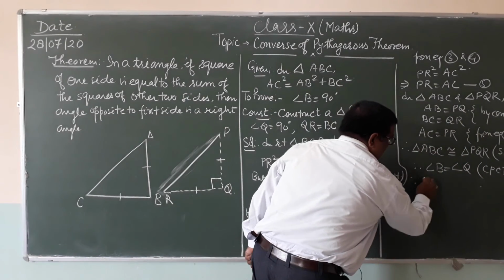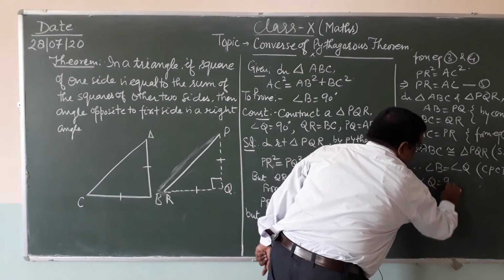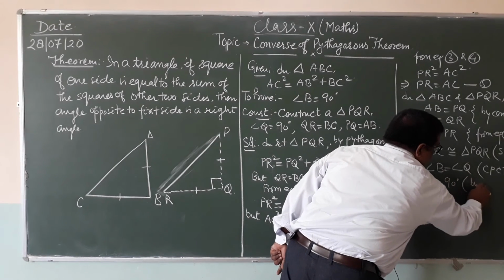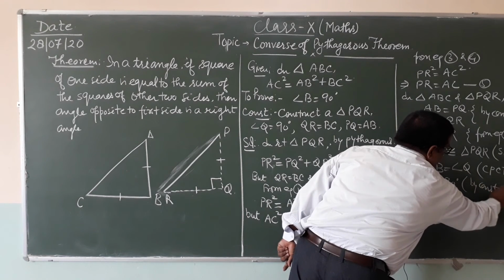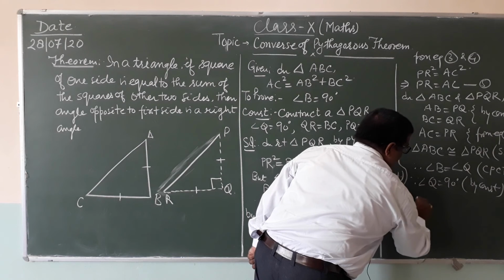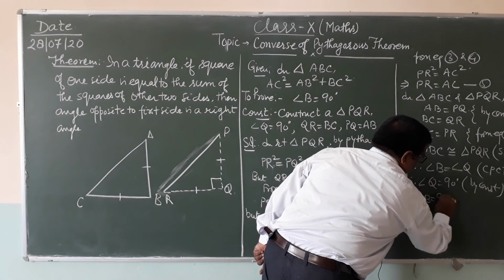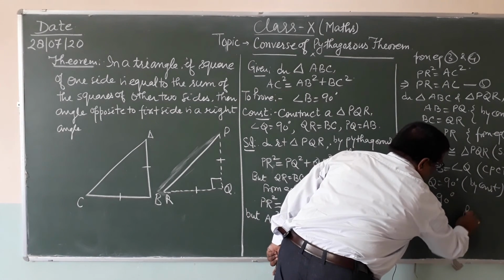But since angle Q is equal to 90 degrees by construction, therefore angle B is also equal to 90 degrees. This is what we had to prove.